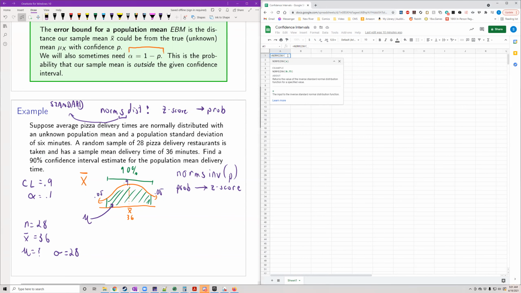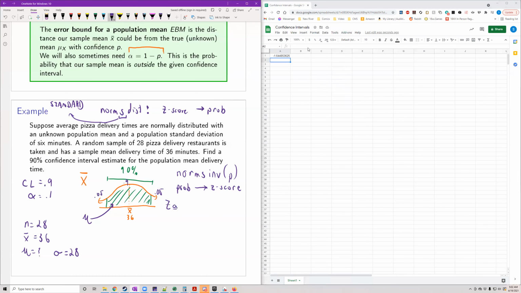So we're looking for normsinv. It takes just in a probability, so we want 0.05 because we want the number of standard deviations to be at just 5%. And it says the z-score is 1.64. We would call this z of alpha over 2, or the z of 0.05, gave us negative 1.644.